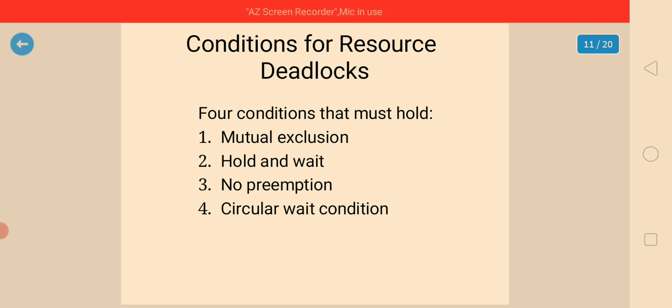Prevention is done by negating one of the above mentioned necessary conditions for deadlock. Second one is deadlock detection and recovery, and the third one is to ignore the problem altogether. So these three are the methods for handling deadlocks.